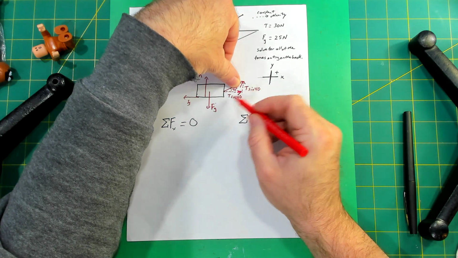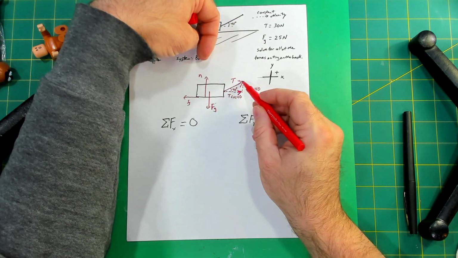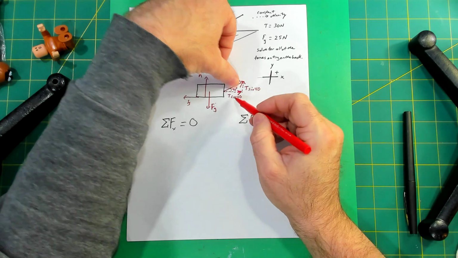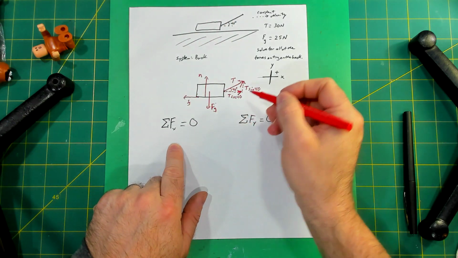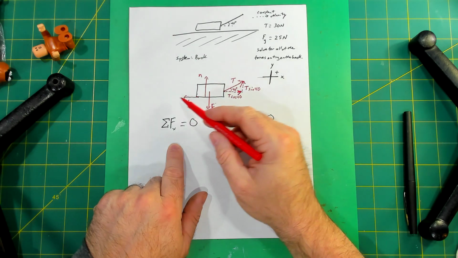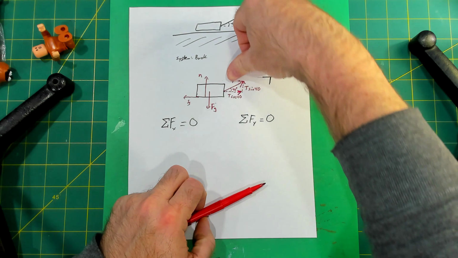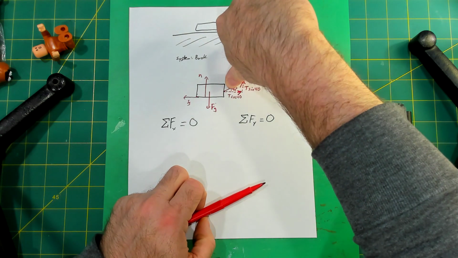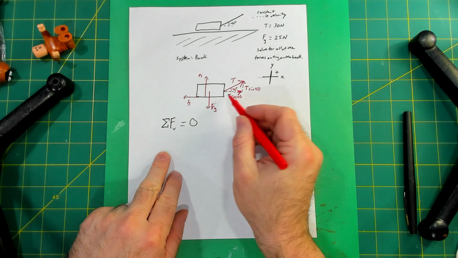This chain of arrows that starts where this starts and ends where it ends, doing this and this is the same as doing that. So for the horizontal forces then, I now have two horizontal arrows. I have this t cosine 40 and this friction force. For calculation purposes, I'm getting rid of this diagonal arrow and I'm just using its components instead, these pieces of it.